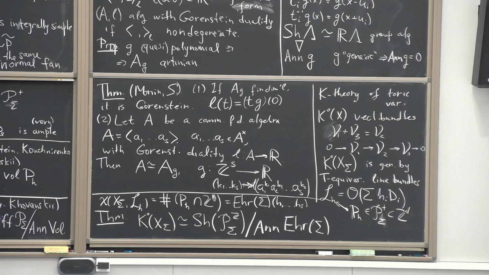Historically, Kiritchenko formulated his theorem in the following way. Suppose you have several equations with the same Newton polytope. Then the number of solutions is the volume, times some factorial.